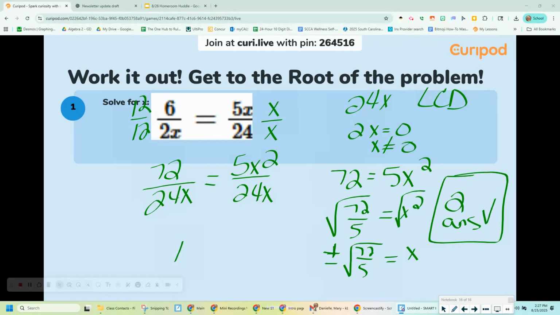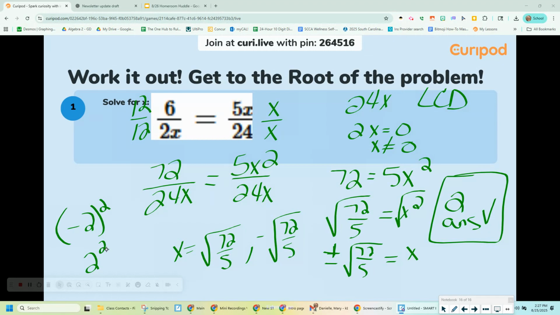This is actually x equals positive square root of 72 over 5 and the negative square root of 72 over 5. Because you remember that negative 2 squared and 2 squared are the same 4. Negative times a negative is a positive, and a positive times a positive is a positive.